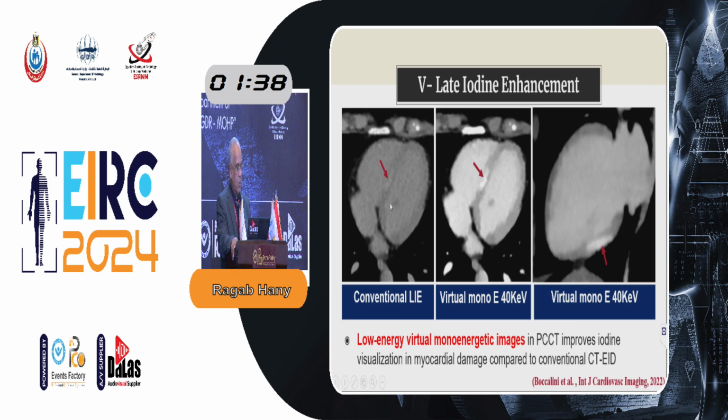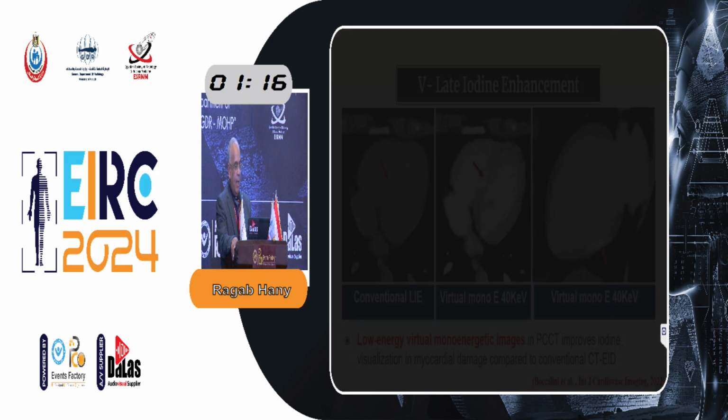After 5 minutes of injection, it is hard to see the enhancement of the myocardium in this scar, but by using low energy photon counting, we can detect the enhancement, and we can estimate the size and extension of the late iodine enhancement.